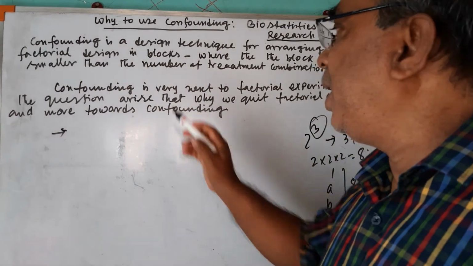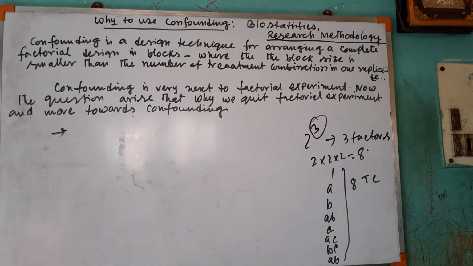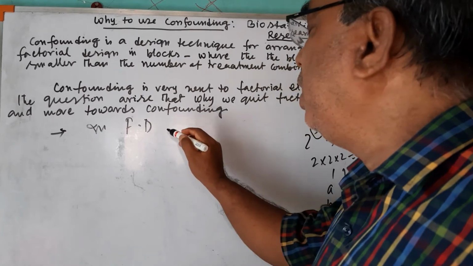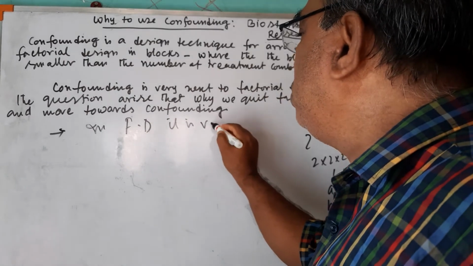Now the question arises: why do we quit factorial experiment and move towards confounding? An important point to be noted is that factorial design maintains efficiency for a small number of factors and levels.